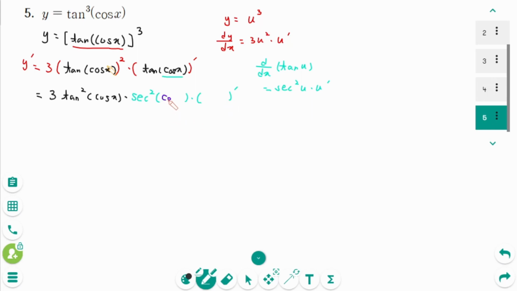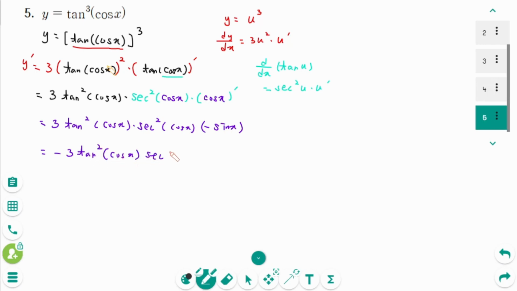Keep the inner function cosine x. So 3 times tangent squared cosine x times secant squared cosine x times cosine x prime equals minus sine x. The final answer is minus 3 tangent squared cosine x secant squared cosine x times sine x.